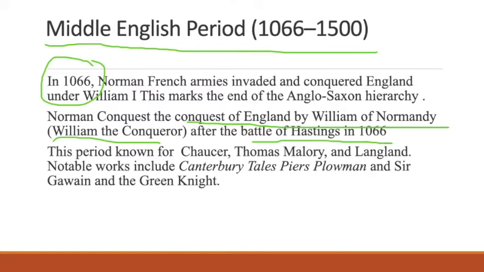Now, this period, which is also sometimes known as the Dark Age, Middle Age, there were some prominent writers who started writing. Mention may be made of Chaucer, Thomas Malory, and Langland.